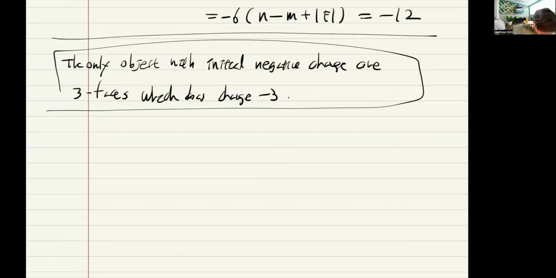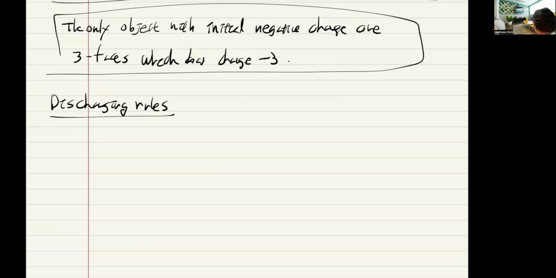Now we have our discharging rules. We have 2 rules. The first: a 3-face takes 1 from each of its neighboring faces.